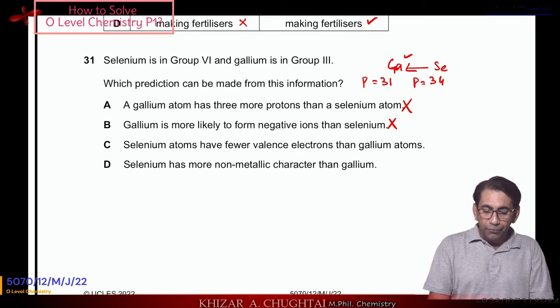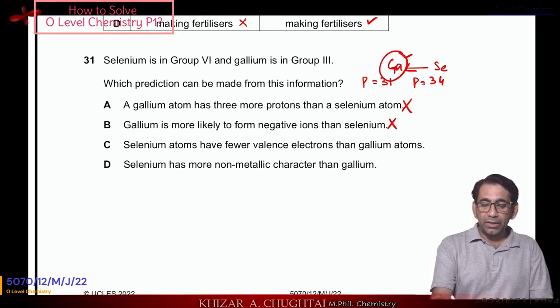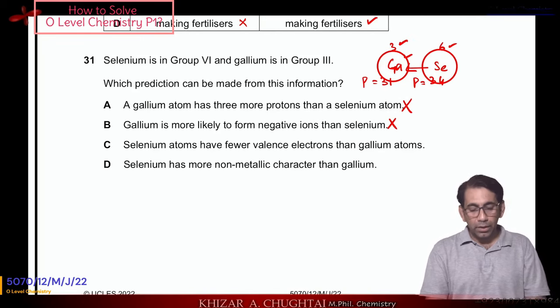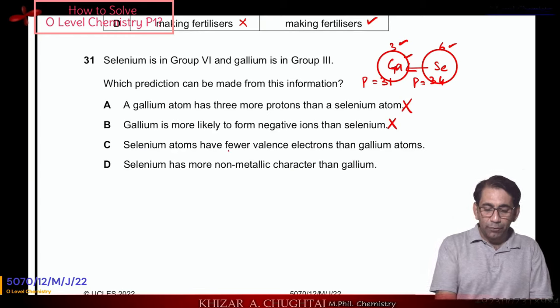Selenium atom has fewer valence electrons than gallium atom. Gallium has 3 electrons in its valence shell, and selenium has 6 because it is a member of group 6. So again, this is incorrect.